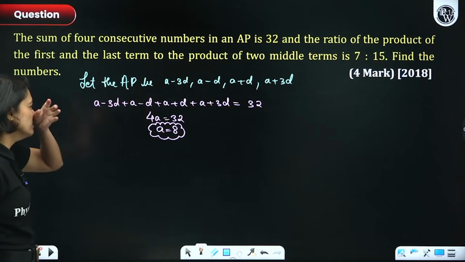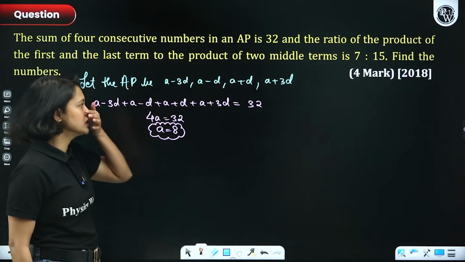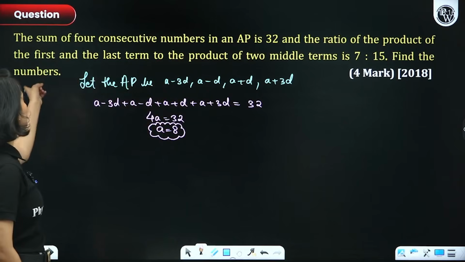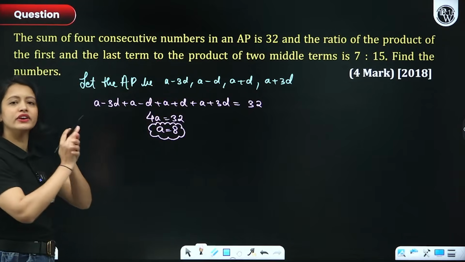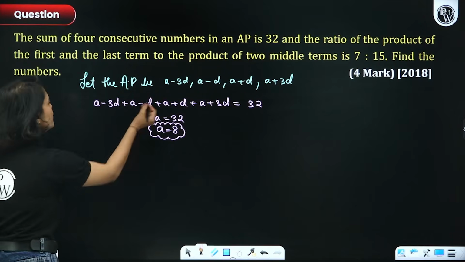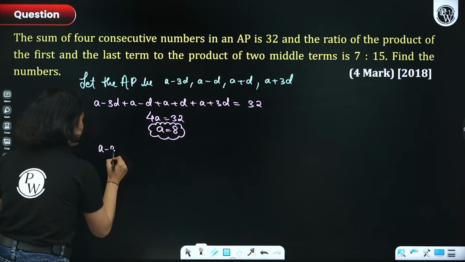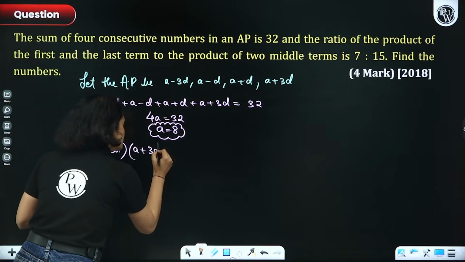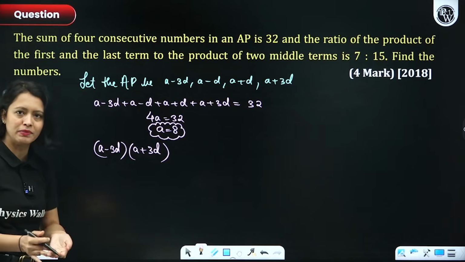Okay, this is something we got from the first part. The second part is saying the ratio of the product of the first and last term. So let's figure out the product of the first and last term. The first term is A minus 3D, everyone, and the last term is A plus 3D. So the product of the first and last term would be A minus 3D into A plus 3D.